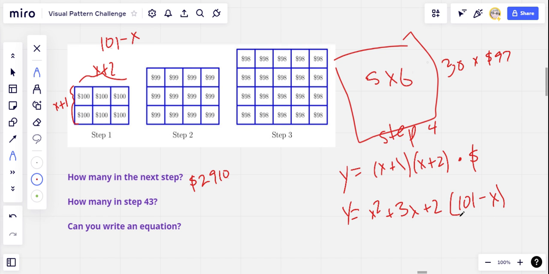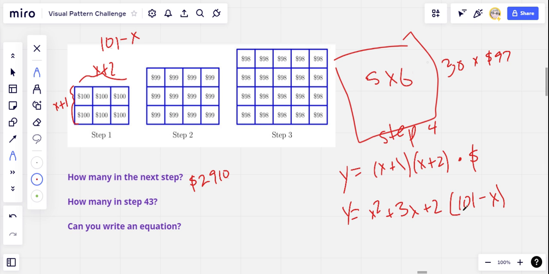Now, you could multiply this out and get a cubic equation with a negative first term, which is kind of strange. We haven't really seen that very often, a negative leading term. It makes sense though, right? Because if you extend this series out beyond 100 steps, the dollar value would go negative, right? So eventually you'll have a negative value for this function.